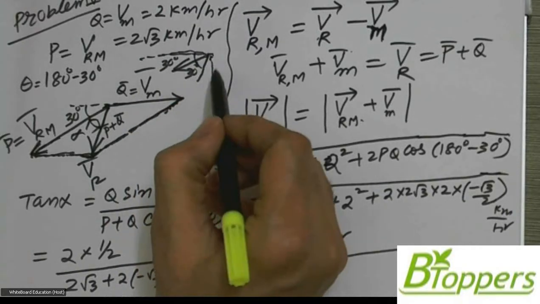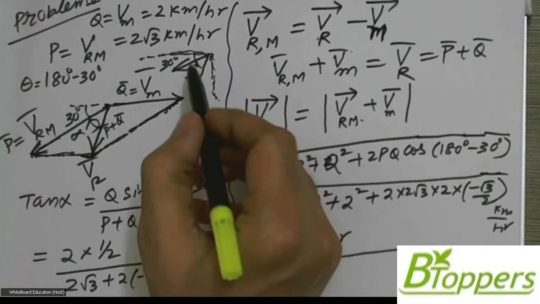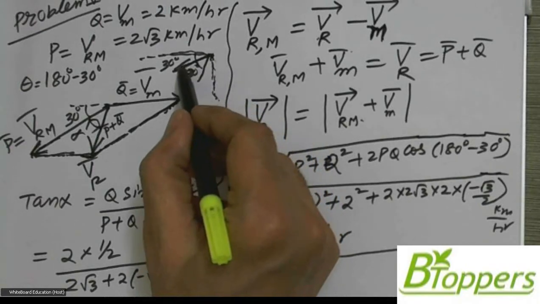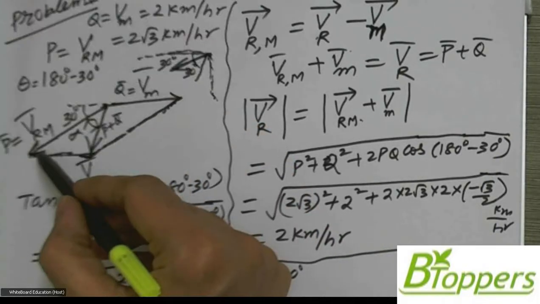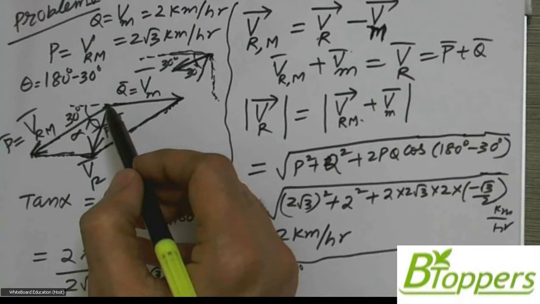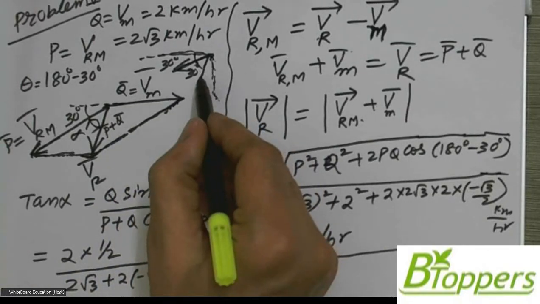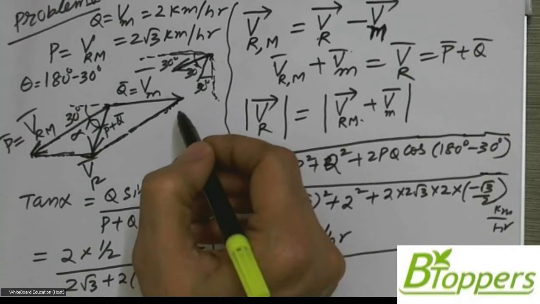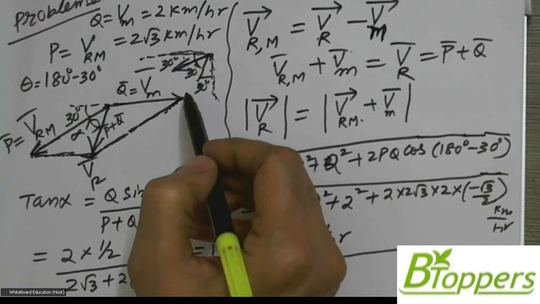This is the horizontal direction. This is the vertical direction. This is the direction of the p bar, the direction of the relative velocity with respect to the man. So it makes 30 degrees with the vertical, because the sum of these three angles must be 90 degrees.